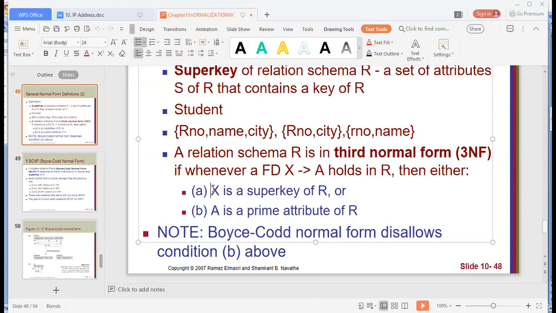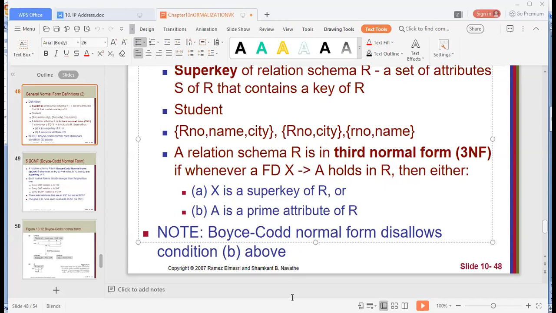One, that X is a super key of R, that means the left hand side should be a super key of R, or the right hand side should be a prime attribute of R. If one of these holds true, then the relation or the table is considered to be in third normal form.